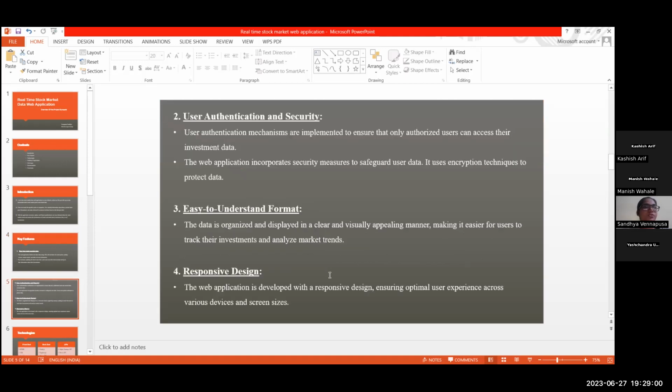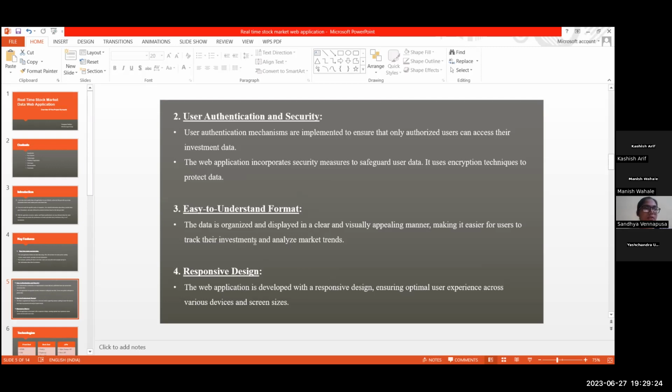Next, user authentication and security. As we know, security is most important to us and users. That's why the user authentication and security feature is incorporated in the web application, so that users can freely use it knowing that their data is secure.